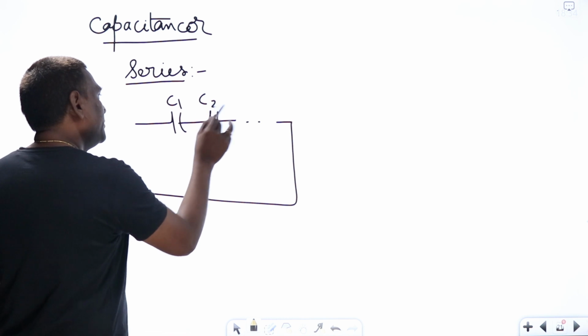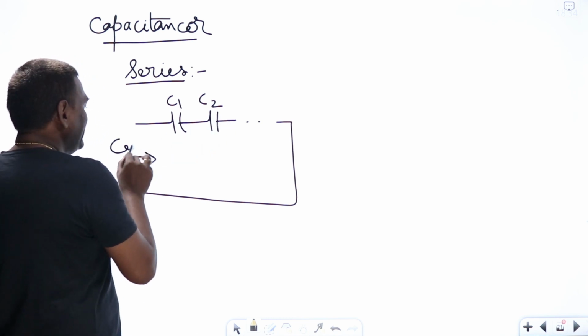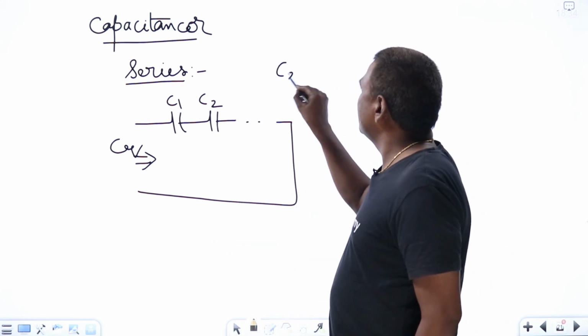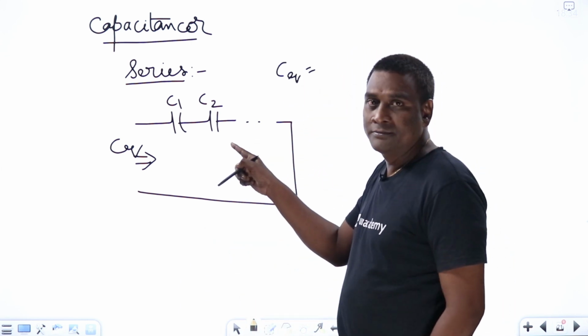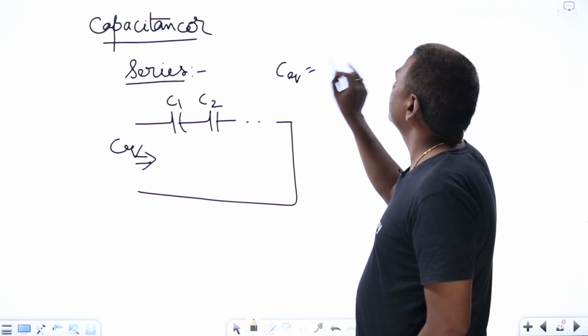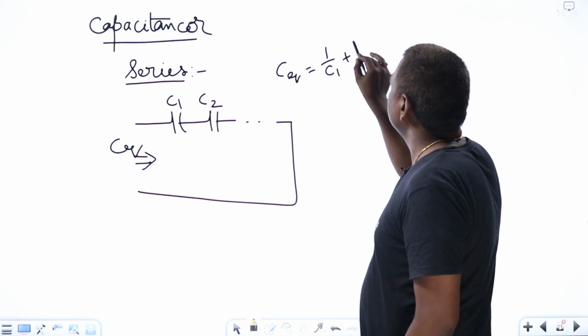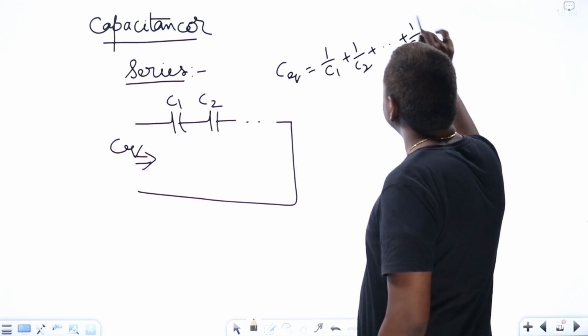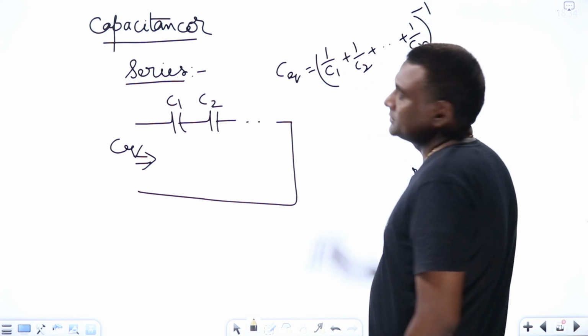This is C1, C2. Let me calculate C equivalent across this. Now C equivalent is going to be, since this is series, the parallel equation of inductance or resistance has to be used. So, 1 by C1 plus 1 by C2 plus 1 by Cn, inverse.